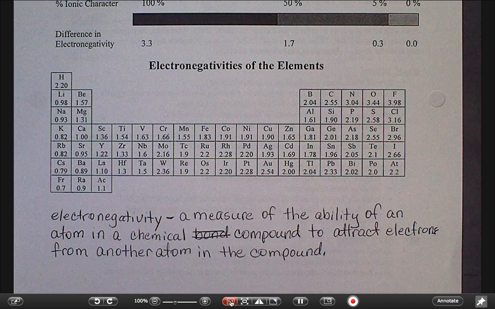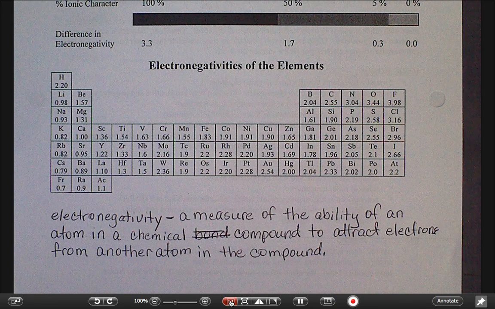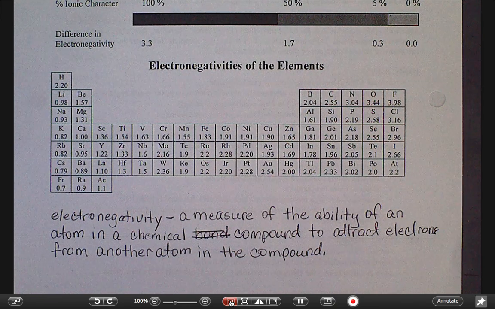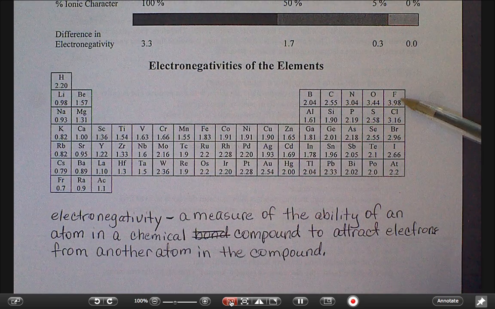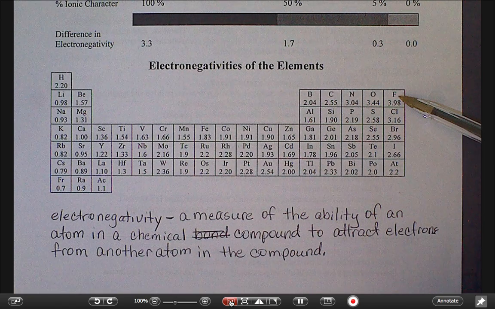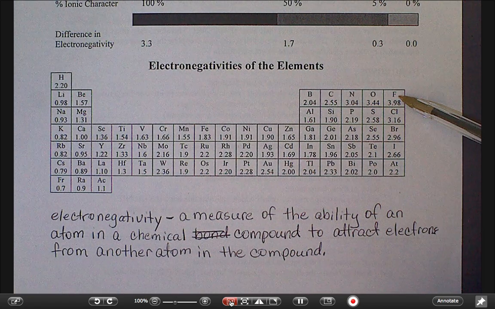A measure of the ability of an atom in a chemical compound to attract electrons from another atom in the compound. Okay. In chapter 5, we learned that fluorine is the most electronegative element on the periodic table.